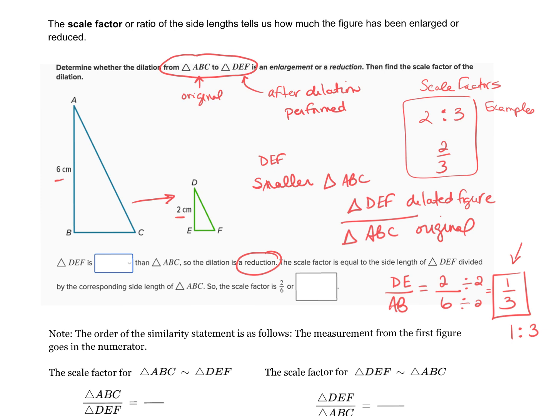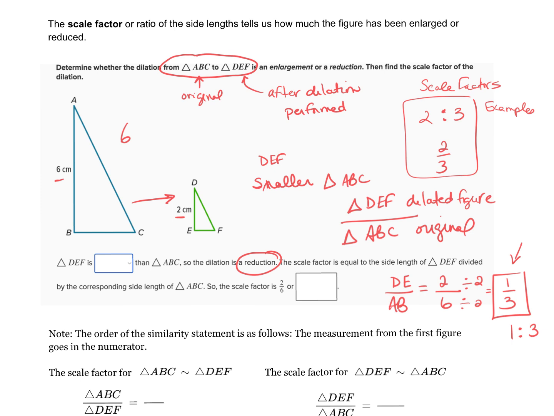It is a fraction. Fractions are smaller. Now to confirm that I determined this scale factor correctly, I'm sure some of you would see, oh, well, 6 divided by 3 is 2, which is correct.